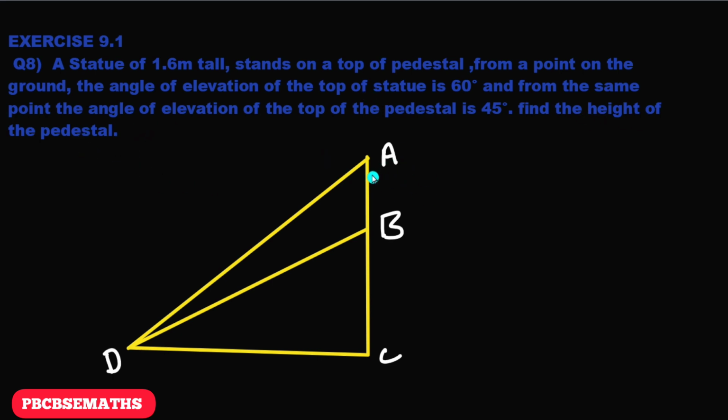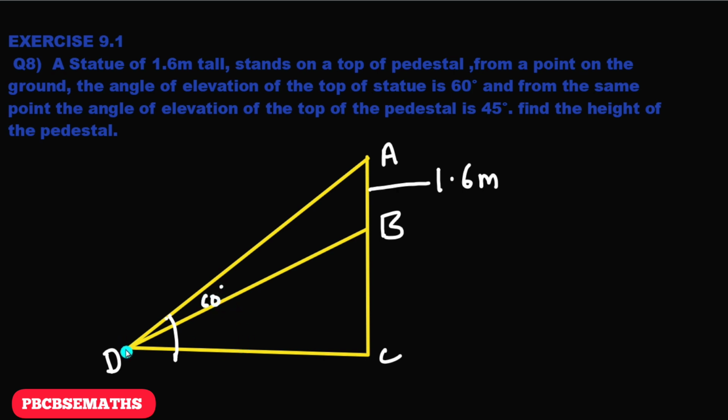So, for that, let's consider the height of the statue as AB. So the length of AB is 1.6 meter and this statue is standing on a pedestal. Let's consider this BC as the pedestal. From this point D, when we watch the top of the statue, the angle of elevation is found to be 60 degrees.